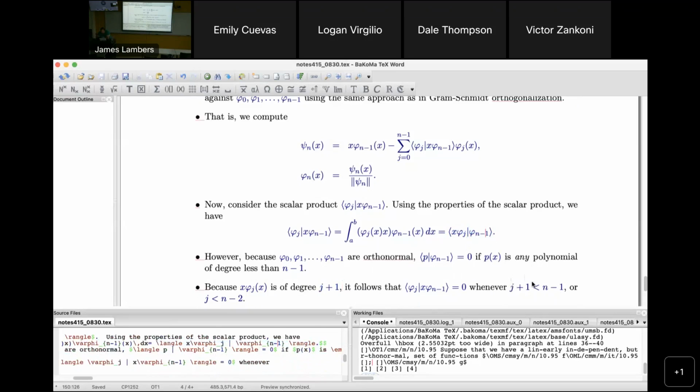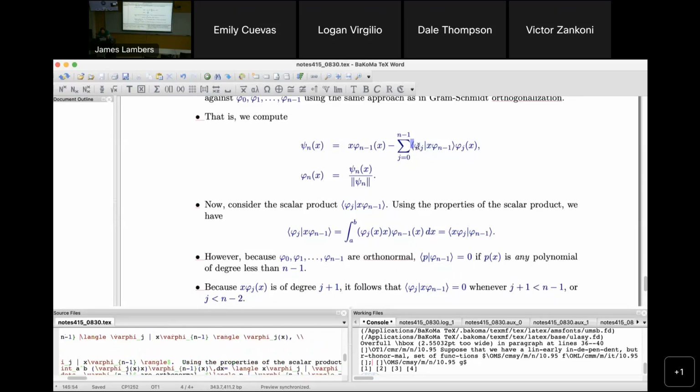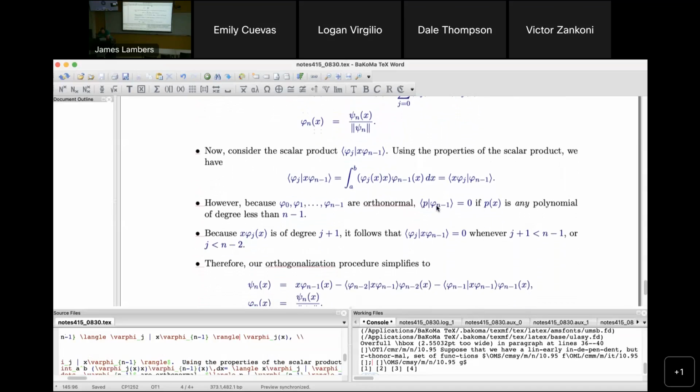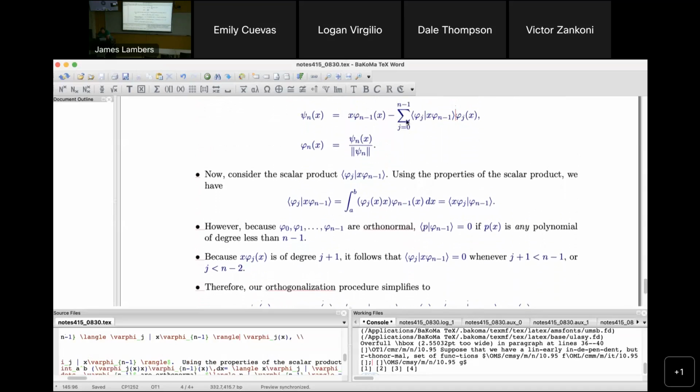So if j plus 1 is less than n minus 1, or in other words, if j is less than n minus 2, this scalar product up here is 0. So for j, starting from 0 all the way up to n minus 3, all of those are 0. In other words, all the terms in this summation go away, except for the last 2.